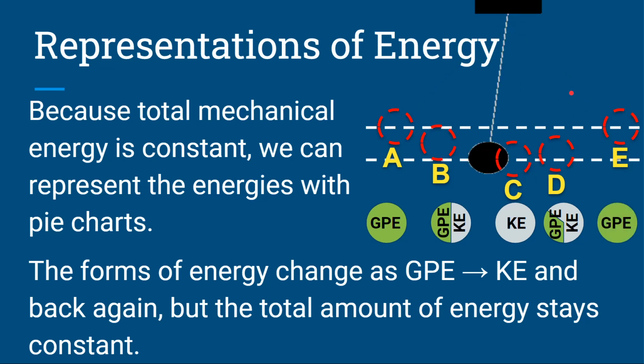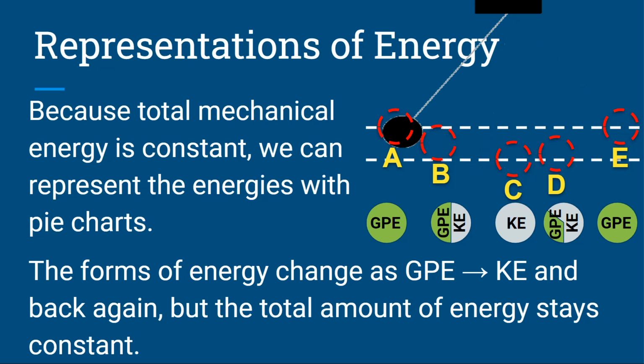Okay, so you should be able to identify what the pie chart would look like at any given point if you know where you started, kind of like this, where you'd have more kinetic here or half and half, whatever. So you should be able to represent these or draw them on your own, or to identify things like that in a multiple choice type of question.